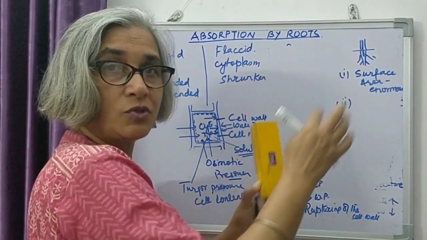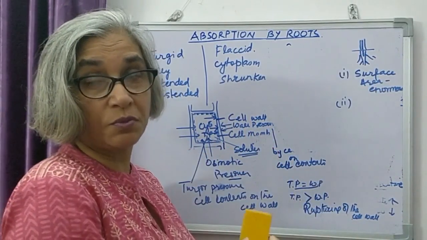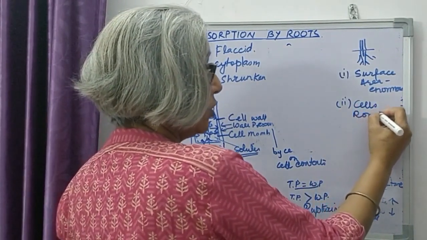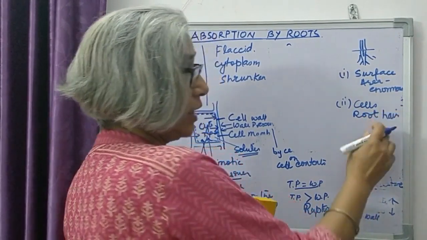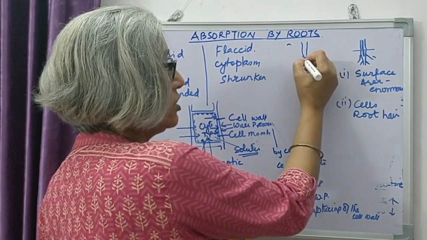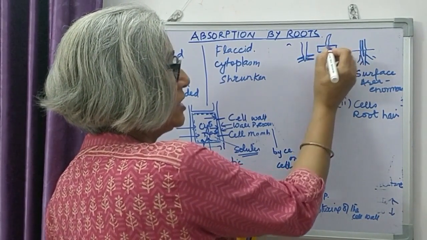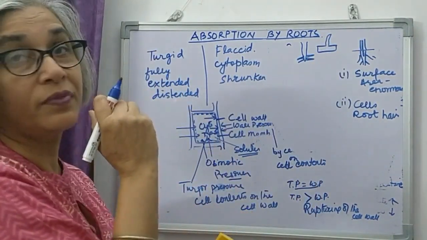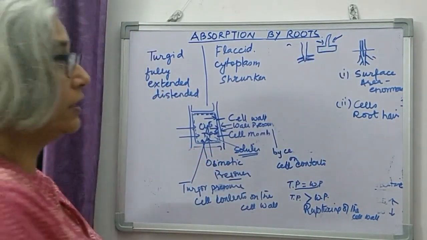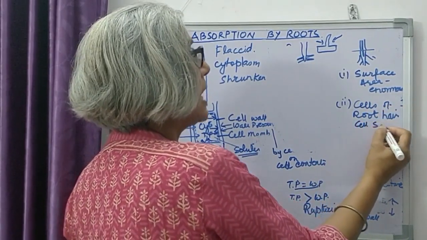So all of this is absorbing water. This is one important feature in a root which is helping in absorption of water. Second, the cells of the root hair are in direct contact with water. What are root hairs? Root hairs are extensions of the epidermal cells. It's the part of an epidermal cell which actually comes in contact with water between the soil particles. The cells of the root hair have a cell sap.